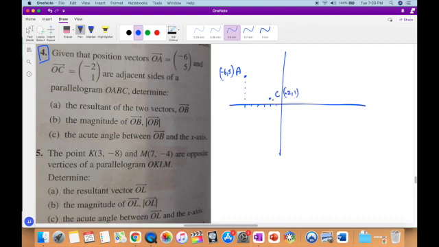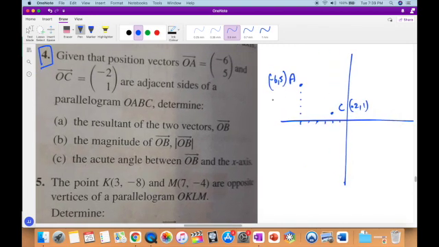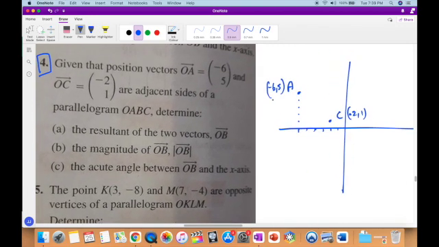Right? Now I can see here my sketch. In this case, the sketch is probably not going to help me very much, right? So let's just see, because the sketch is kind of crazy. This OC is going like this, and this OA is going like this.